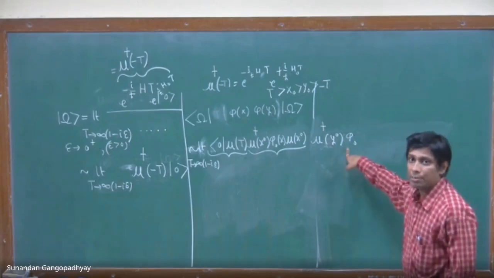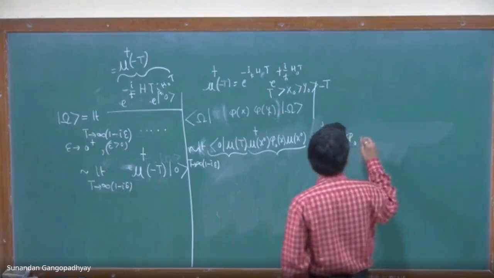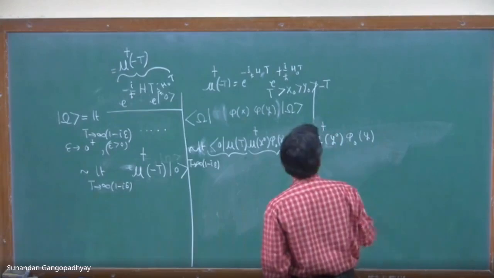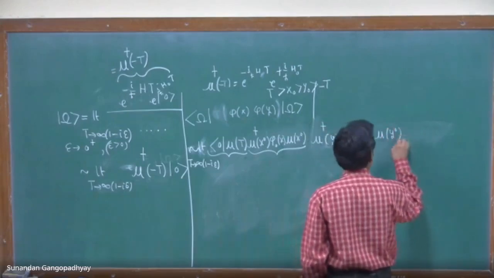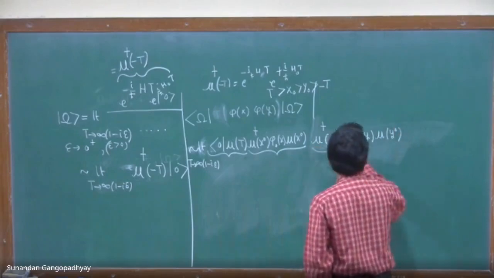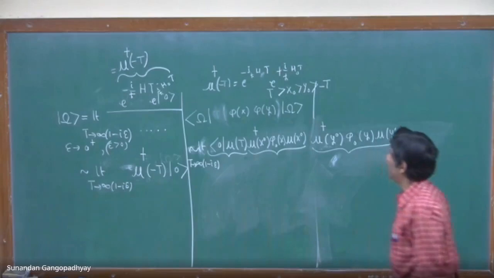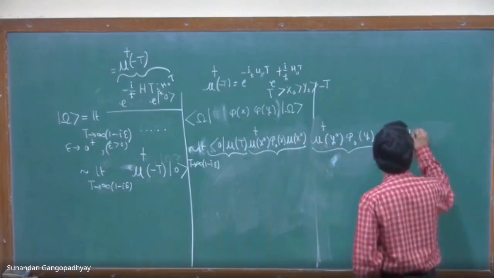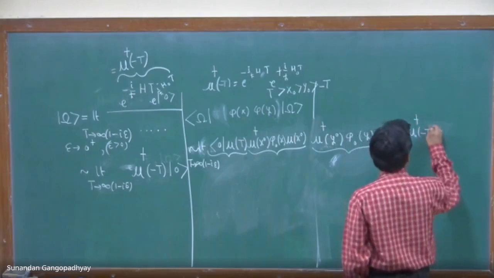It evolves via the free part of the Hamiltonian. So this part is nothing but phi y. And then we have ket omega. What is ket omega? Ket omega is U dagger minus T, 0.